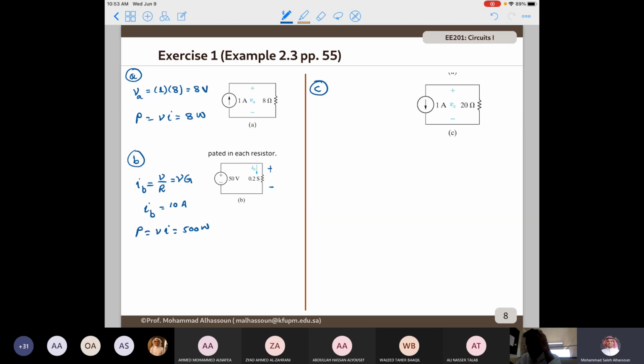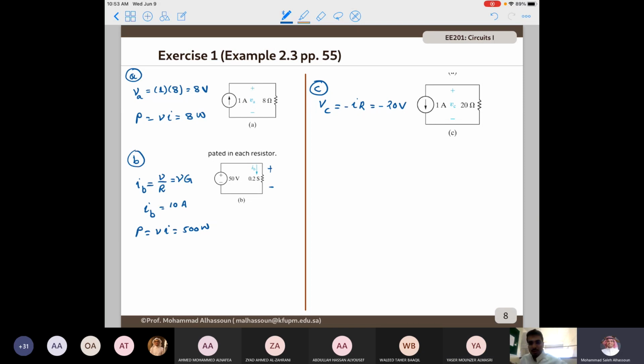Okay, part C. Yasser. Yes, V is equal to minus, on the negative side, so it is minus 20 volts. Yes.